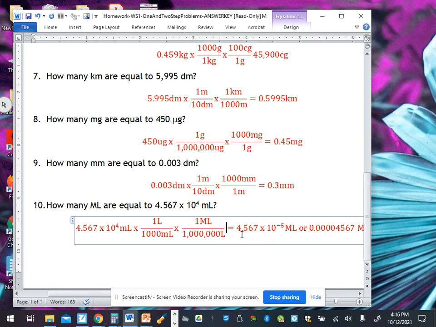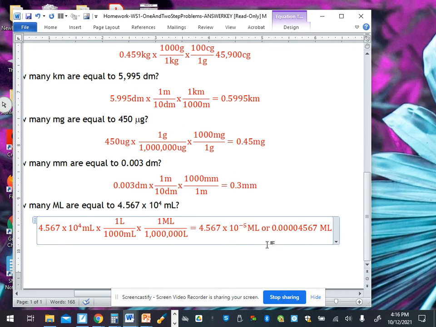And what you should get is a number like this. Either you'll have it in scientific notation, possibly 4.567 times 10 to the negative fifth, or I wrote it out for you as 0.00004567. And that's megaliters with a capital M is your final answer. So make sure you see the difference between milliliters and megaliters.